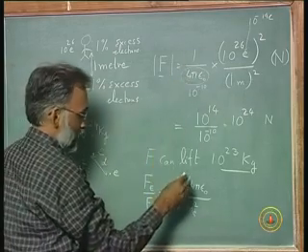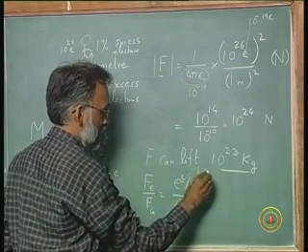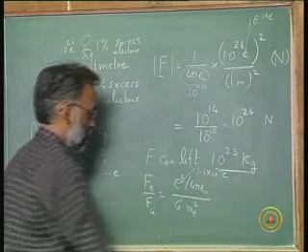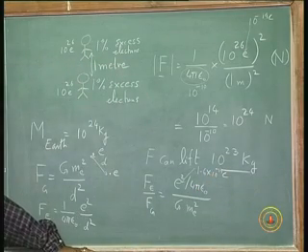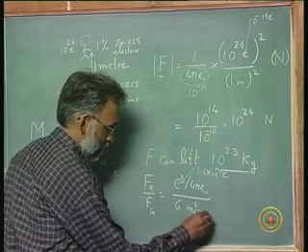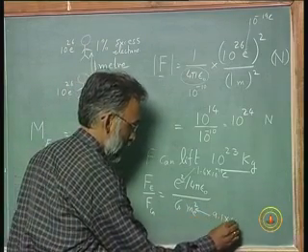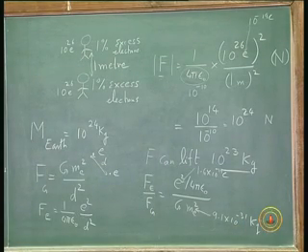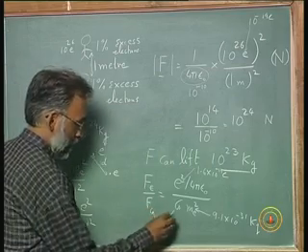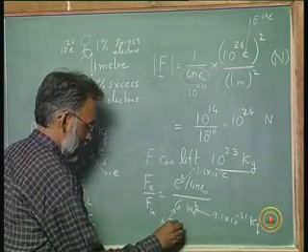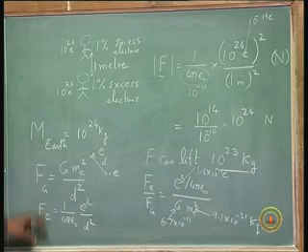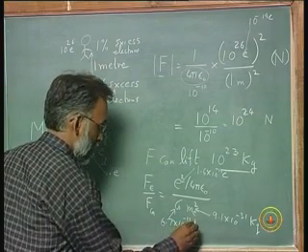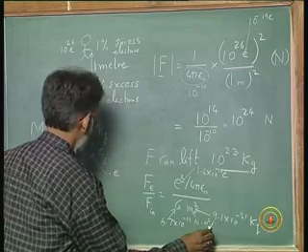As before, the electric charge is 1.6 into 10 to the minus 19 coulombs. The mass of the electron is 9.1 into 10 to the minus 31 kg. Now, the universal constant of gravitation is 6.7 into 10 to the minus 11, and the units are Newton meters squared per kg squared.